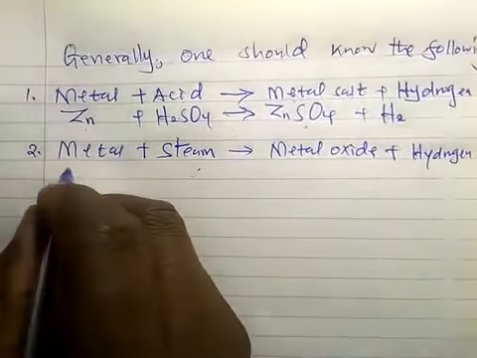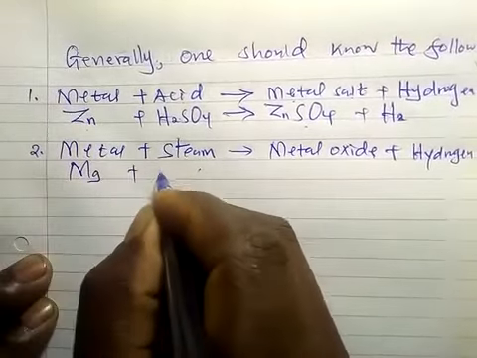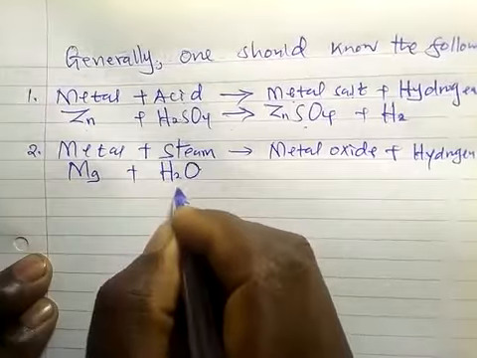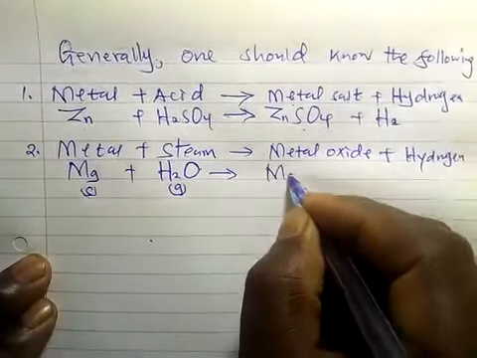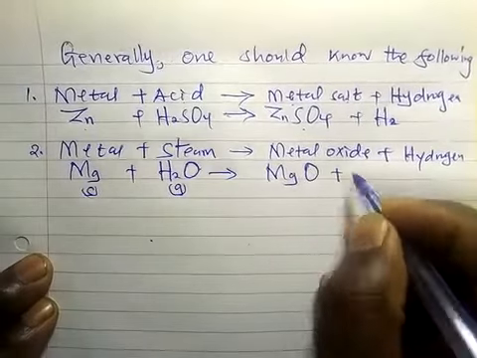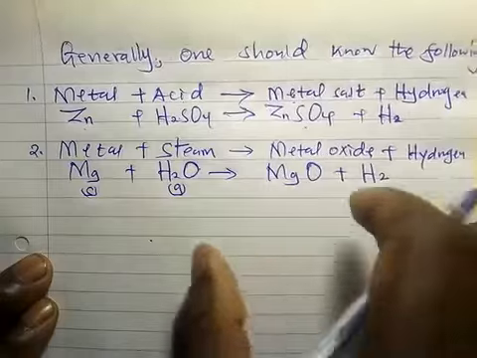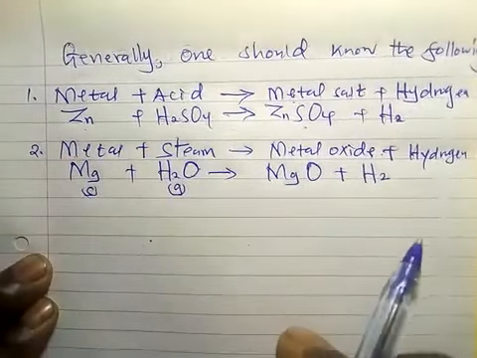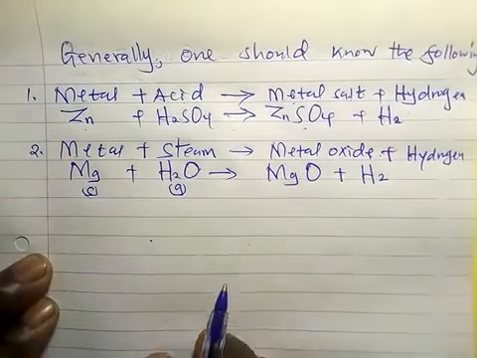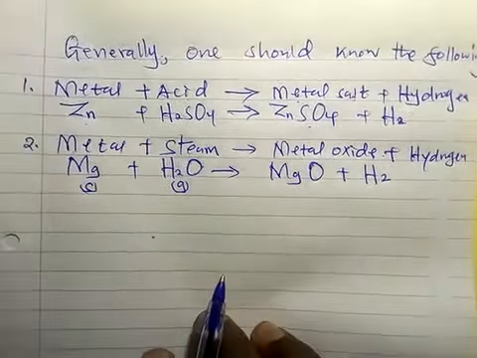For example, magnesium plus steam, we write it in gaseous form, it will form magnesium oxide plus hydrogen. So when you know this general information, it becomes very easy for you to write the products.